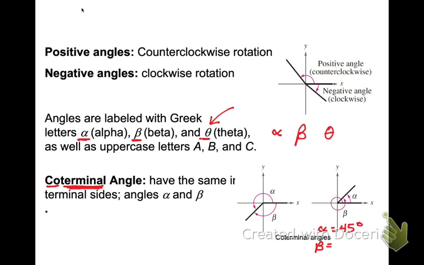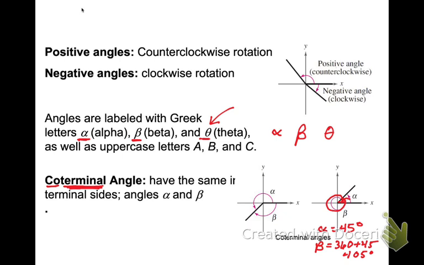Well, because I started here, I started at the initial and went past 45 and then came back to it. 360 plus 45. So 405 degrees? About, right? We're guessing.